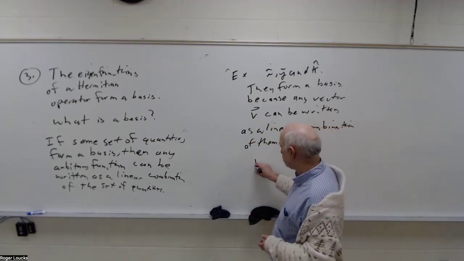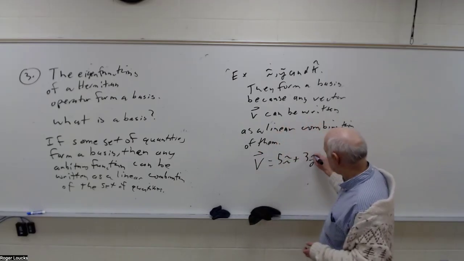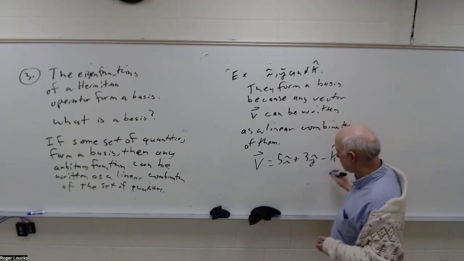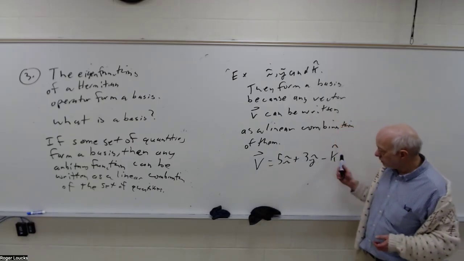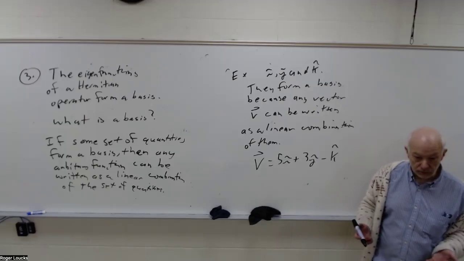I can say my vector v is 5 i hat plus 3 j hat minus k hat. I'm writing an arbitrary vector as a linear combination of these like that. i, j, and k form a basis.